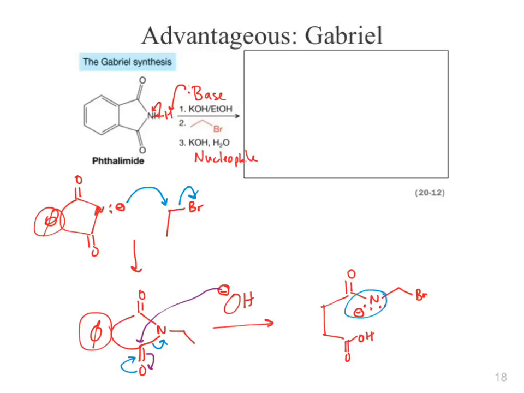That nitrogen acts as a base, and it just so happens right next to it there is an acid. The result, after all of that messy drawing, would then be, come on pen, dang it, work with me.